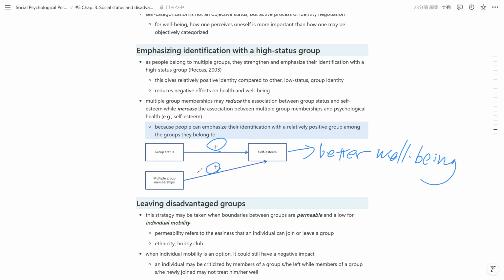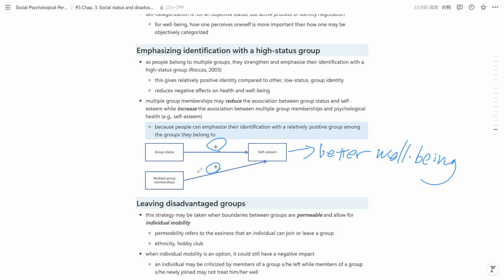Regardless of the groups they belong to, if they belong to more groups, then they have more opportunities to emphasize the group identity that gives them a positive identity, or the group identity of the group that has a higher status.